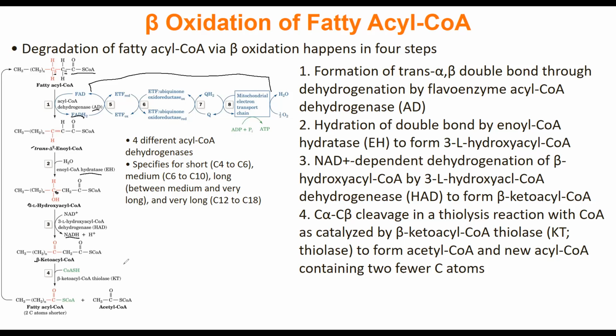The last step is a thiolase. A thiolase will cut a thiol bond. That's basically what's happening, but this enzyme is actually doing the reverse, at least in terms of the fatty acid, in that it's making a new thiol bond. But it is breaking the thiol that was in the coenzyme A. It's breaking that SH right here. So we have a C double bond O on our beta carbon.